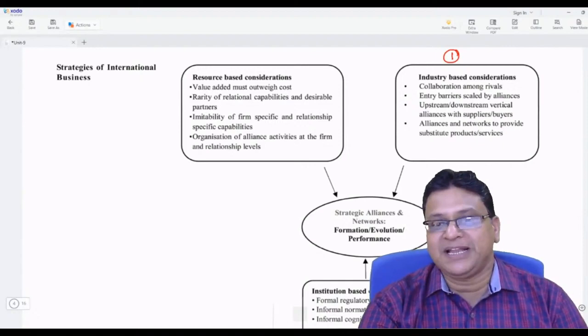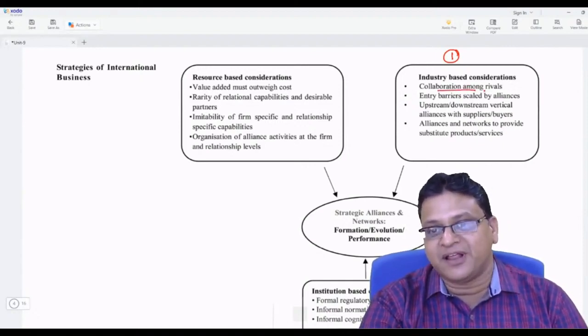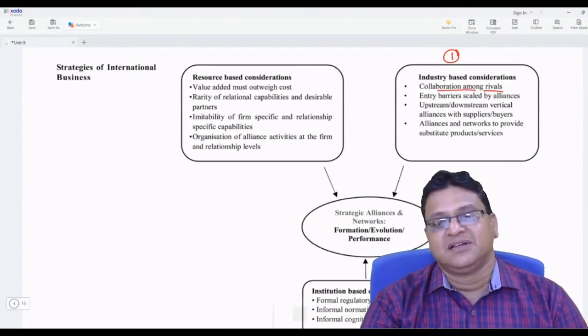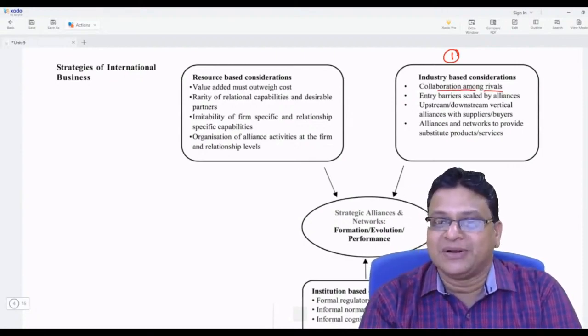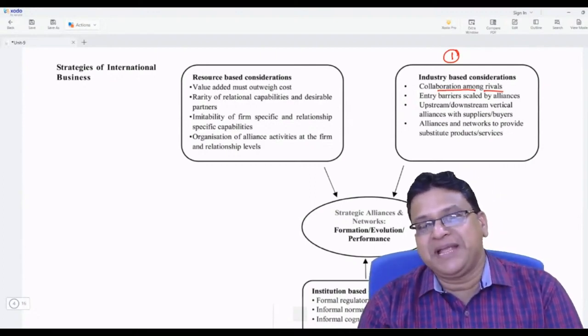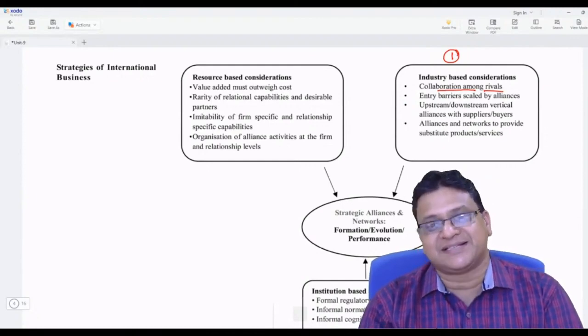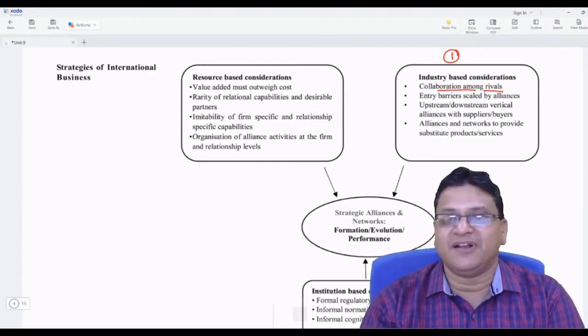The most important industry-based consideration is collaboration among rivals. Many competing firms combine together to reduce the rivalry between themselves and they make a strategic alliance. This is collaboration among rivals.